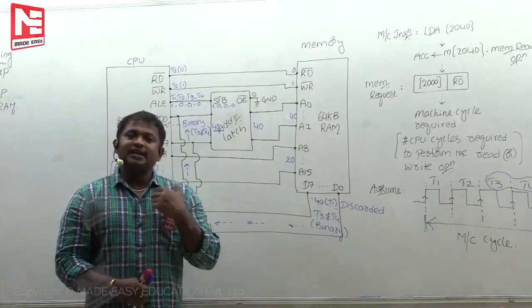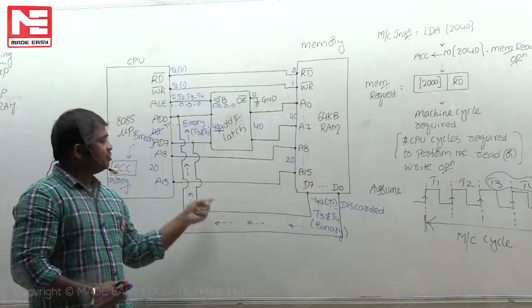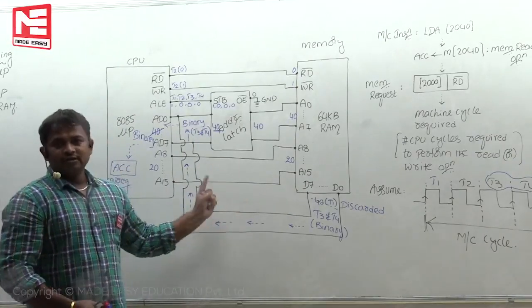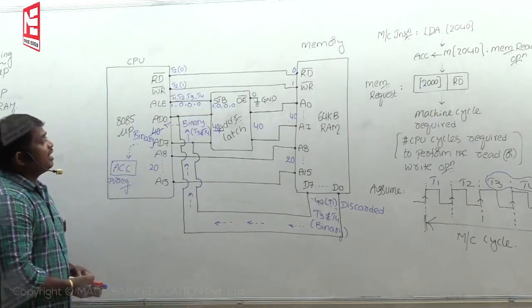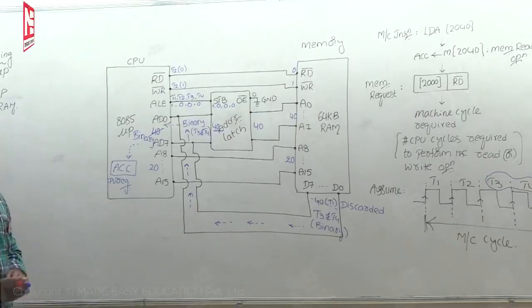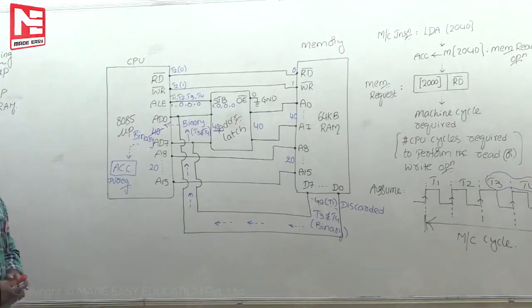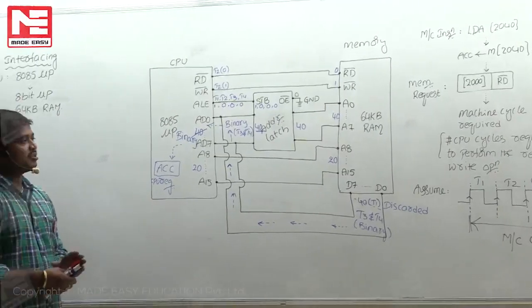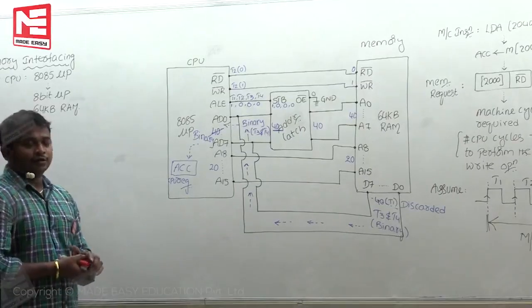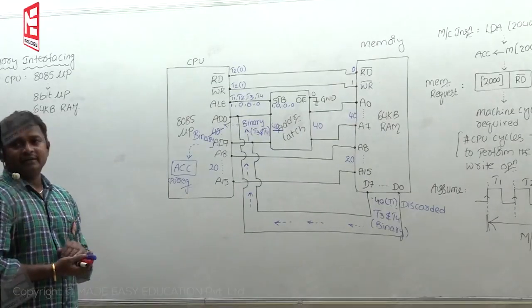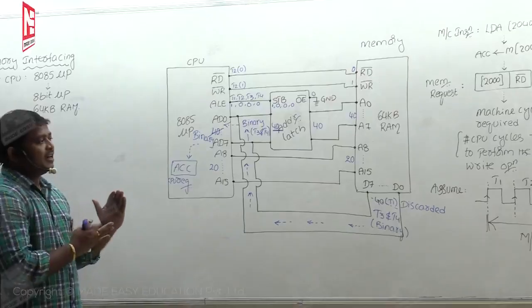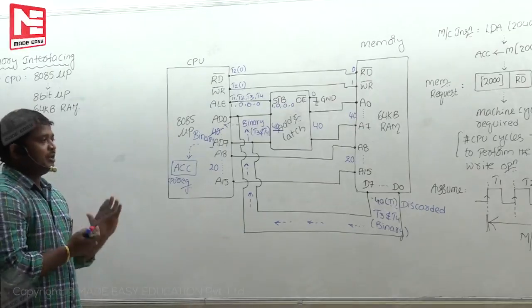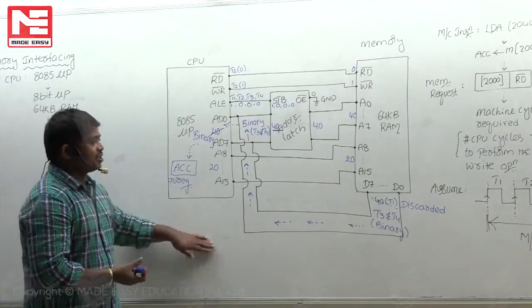Therefore, when the second action is started, again we'll continue the same process. This is about the memory read operation. In the first cycle, send the address. In the second cycle, send the control signal. And in the third and fourth cycles, read the data. Okay. So passing the data from memory to CPU body. This is about read action.